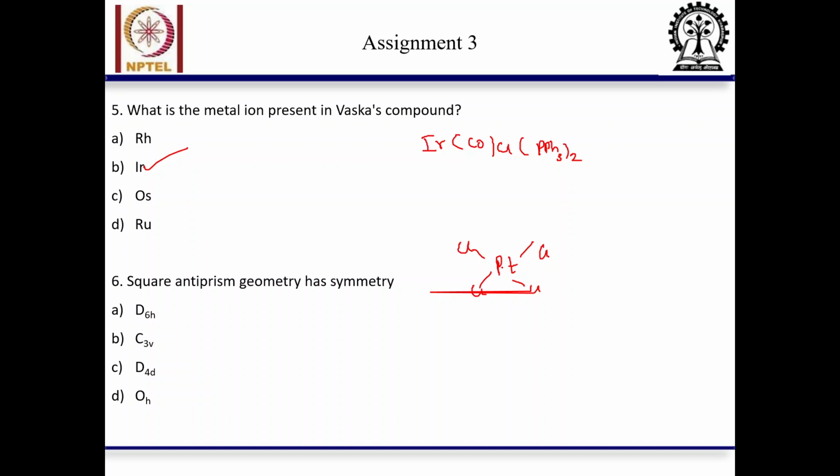Imagine one axis from the top in the z direction, this is your z direction, this is x, and this is y. Once you rotate by 90 degrees, your Cl 1 2 3 4, basically 1 will become 2, 2 will become 3, 3 will become 4, and 4 will become 1. It's exactly the same as what we have.